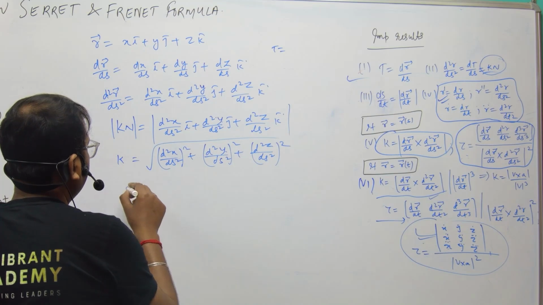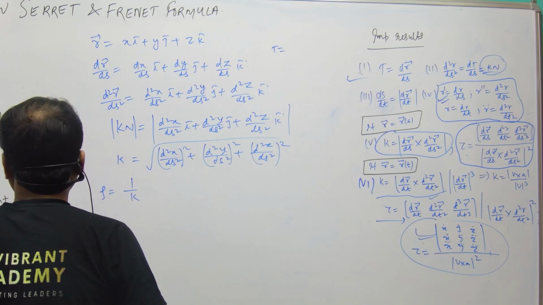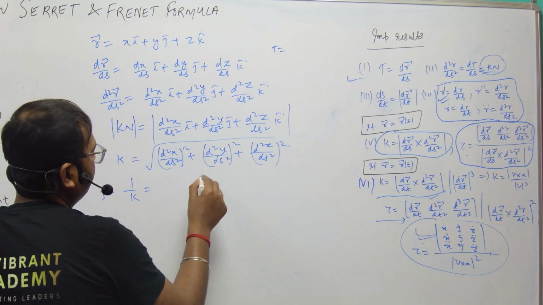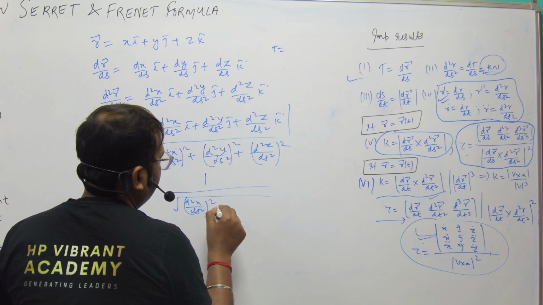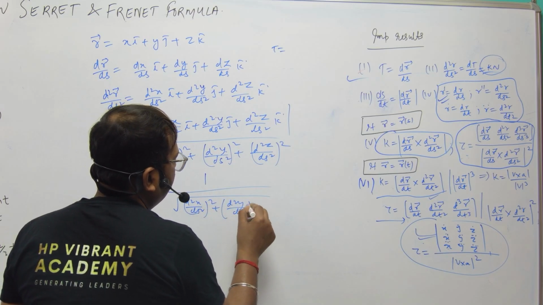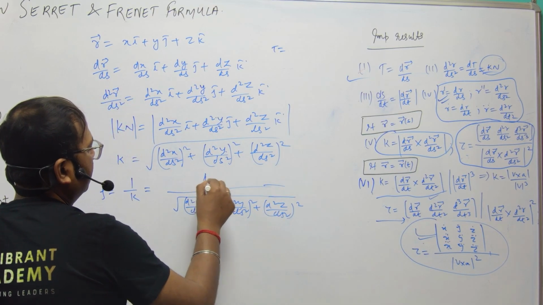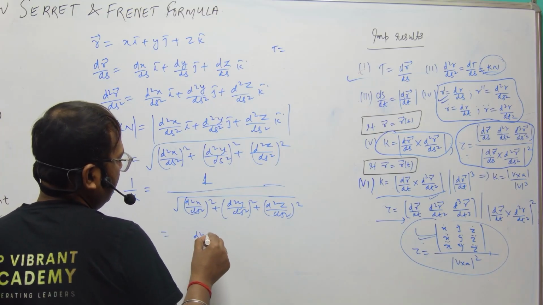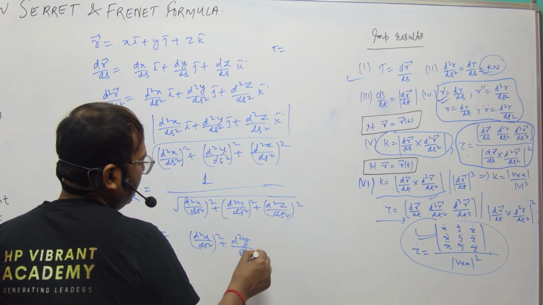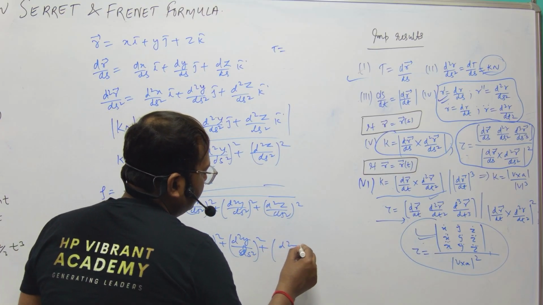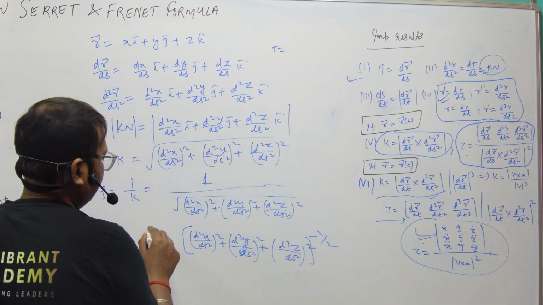Let us take 1 upon k. 1 upon k is the radius of curvature, equal to the reciprocal of this, that is 1 upon the square root of the sum of squares of d2x upon ds square, d2y upon ds square and d2z upon ds square, as we had to show.